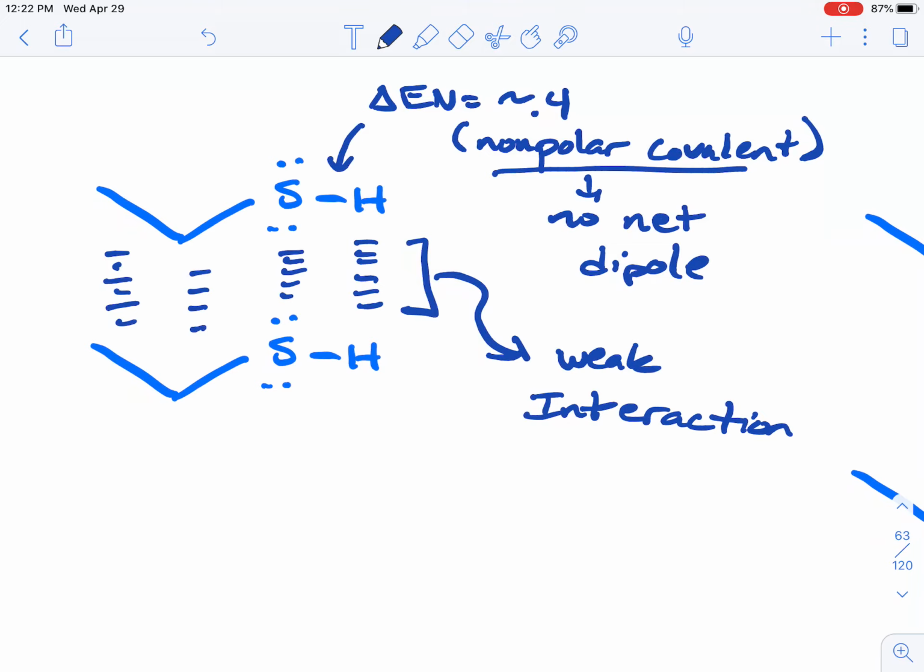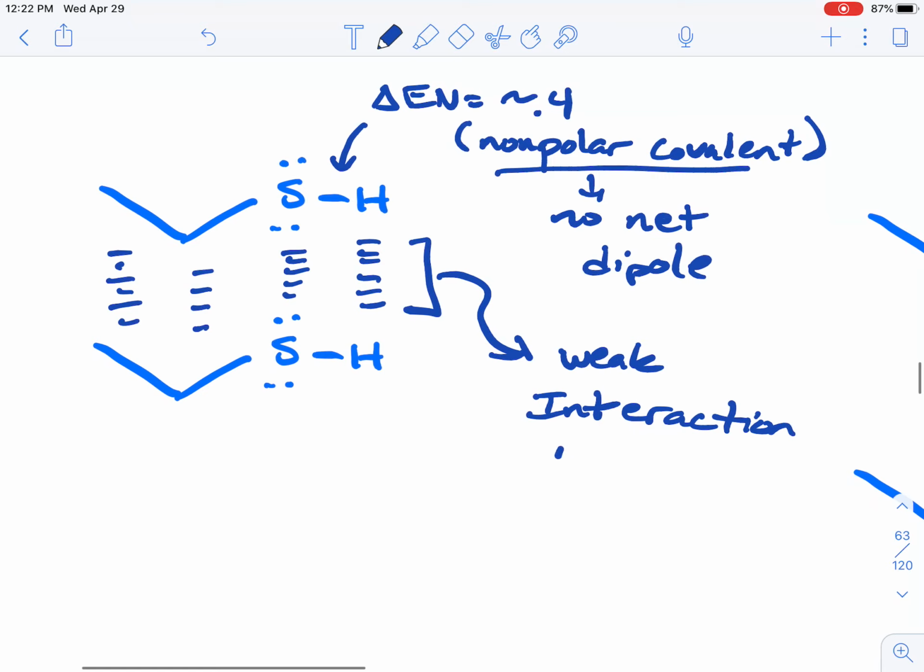And the most common weak interaction is going to be London dispersion force. And so since there's no net dipole, these sulfhydryl groups are not able to explore stronger interactions such as dipole-dipole.